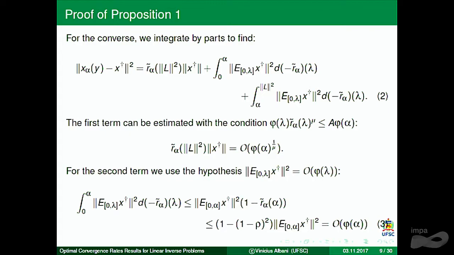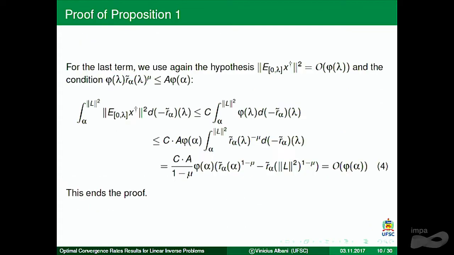In the second one, we use this hypothesis here. And in the third one, we use the lower bound on R tilde alpha here. And again, we use the hypothesis and these estimates on phi.